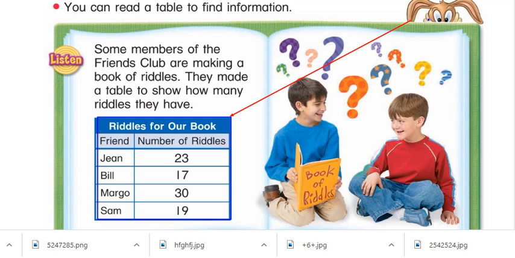Now, some members of the Friends Club are making a book of riddles. They made a table to show how many riddles they have. So the table has a big cell on the top with the title of the table, the heading of the table.